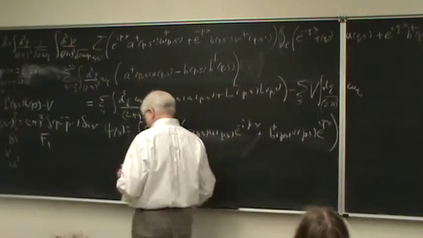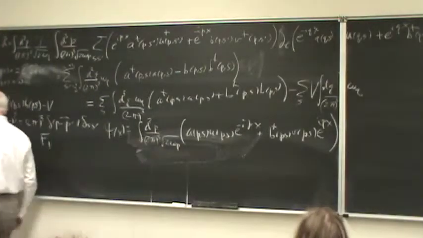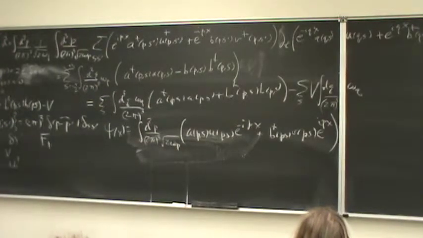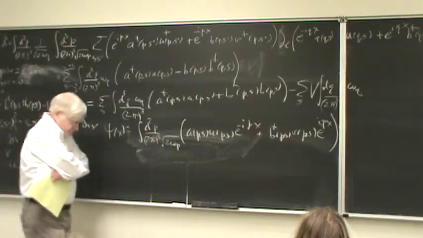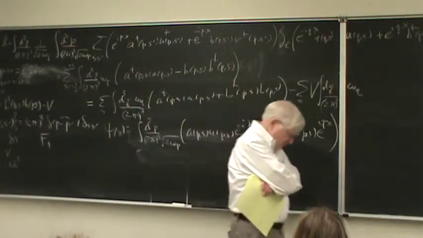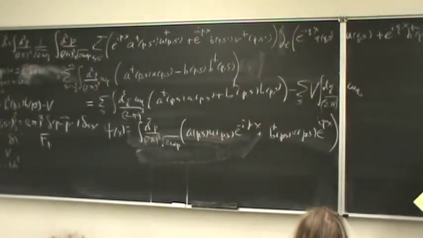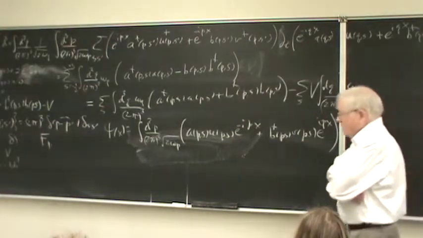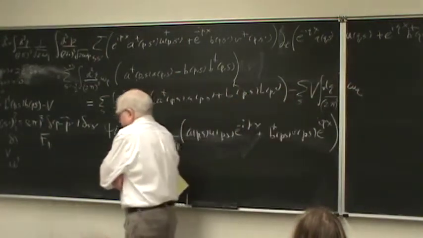So that's the field, and what we're going to look at is the Feynman propagator, which of course is the mean value in the vacuum of the time ordered product of psi with psi bar.